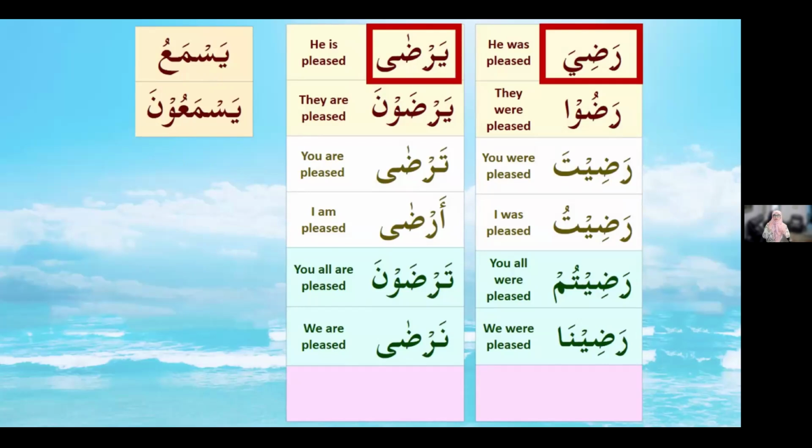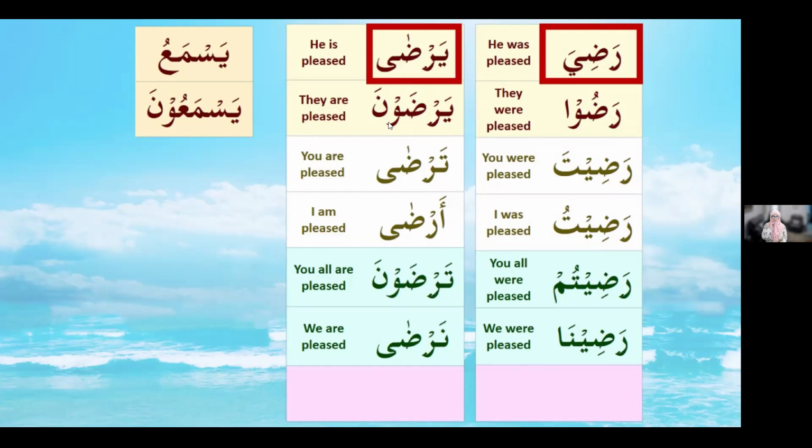Because in yarda there is a standing alif. So it's not possible to do it. So you will just do yardawna. Like da'a, da'u. How we did da'a, and it was difficult to do da'u. In the same way, you will do yardaw. Yardawna. Okay? Yarda, yardawna.